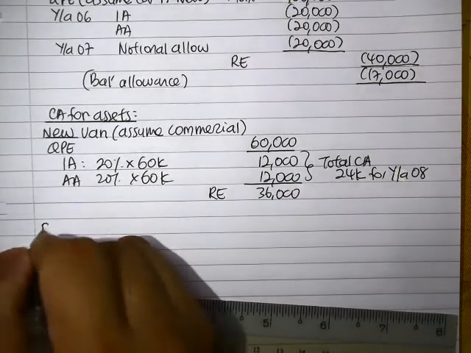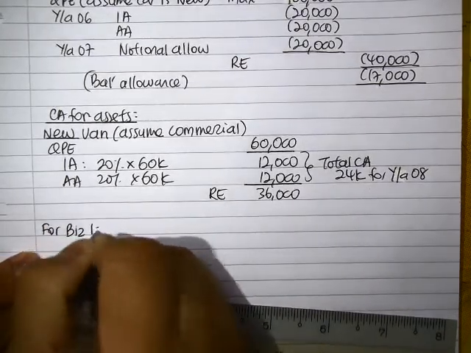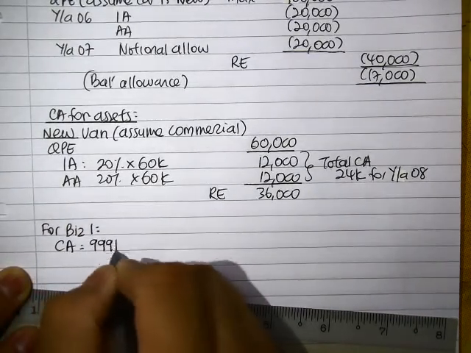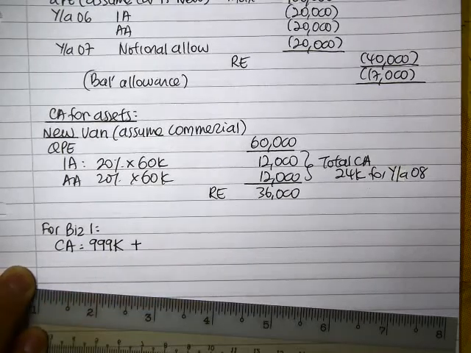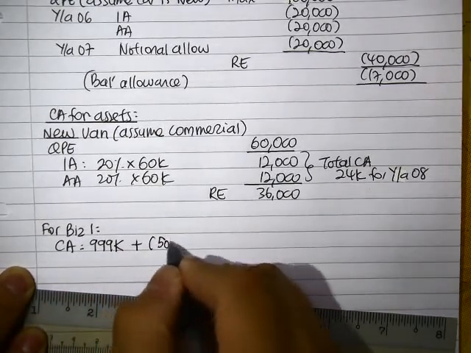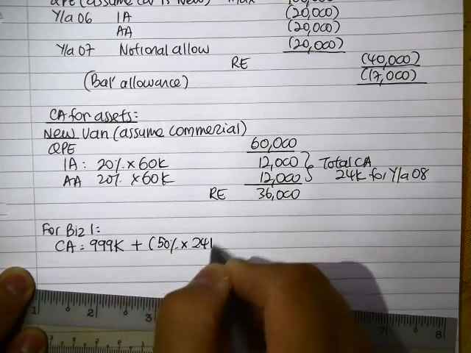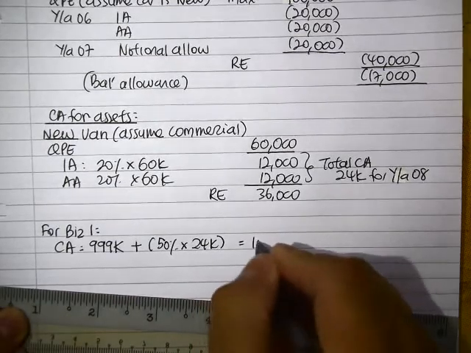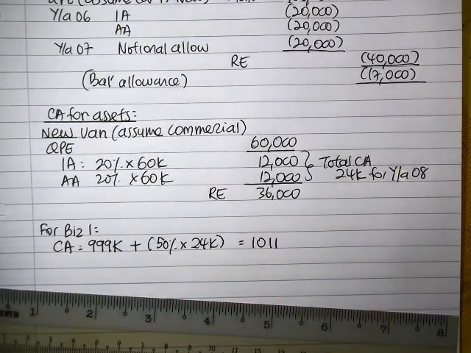Okay, now so for business 1, the CA will be 999 plus 50% of 24. Okay, so it's 12. Now that's 1011.